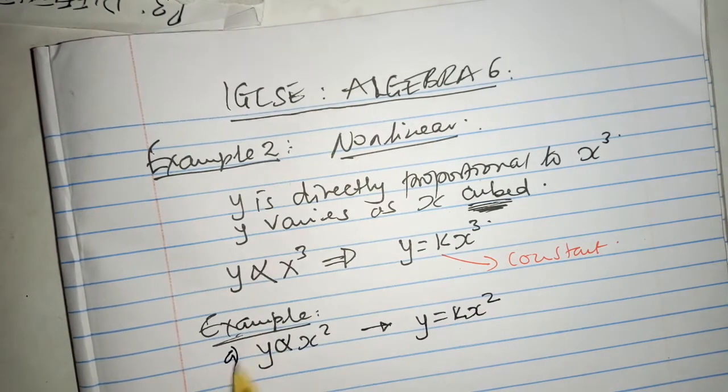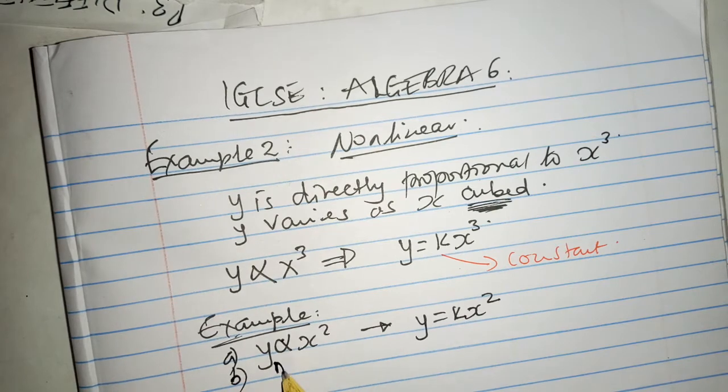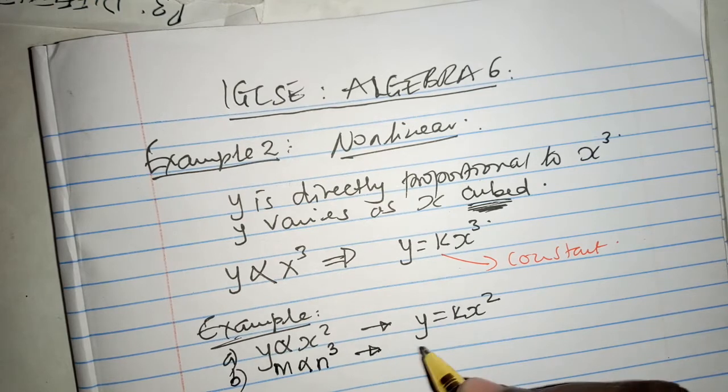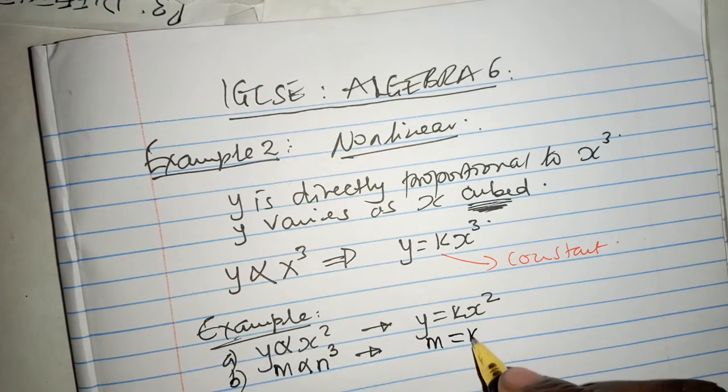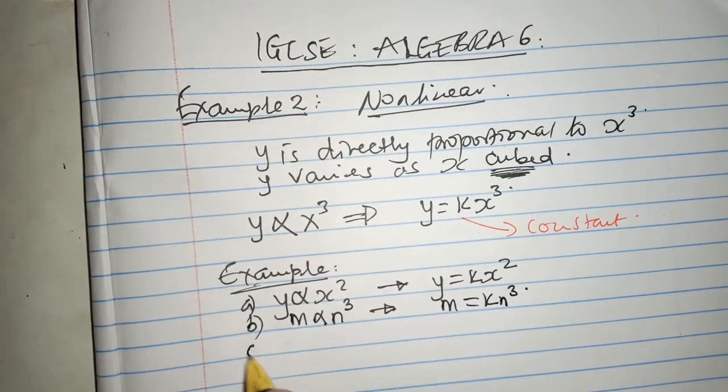Part B: m varies directly as cube of n, which is m is equals to kn cubed. It's the same thing.